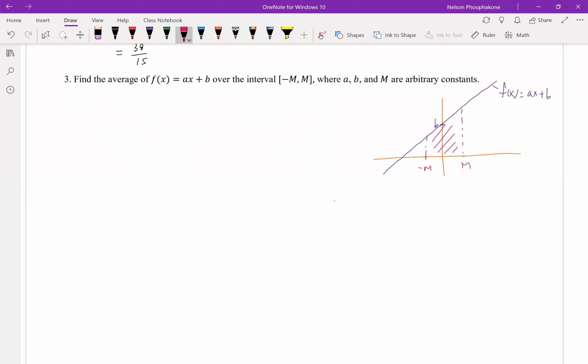Then now I'm going to find the average. In this case right here, the average is equal to 1 over m minus negative m, integrate between negative m and m of ax plus b dx. Then now I will have 1 over 2m, and ax squared over 2 plus bx, integrated between negative m and m. Okay, then let's finish this.